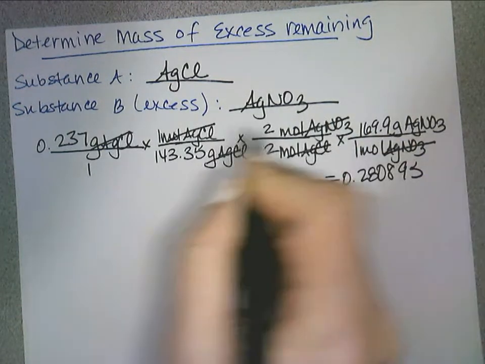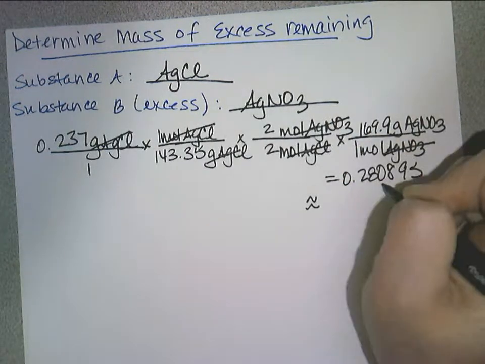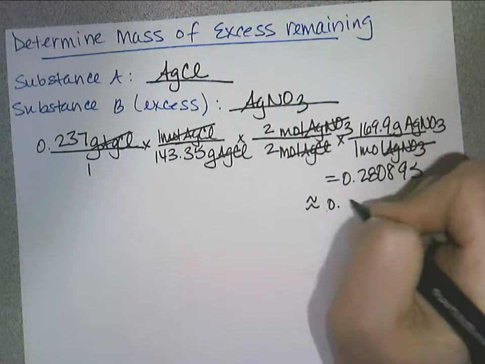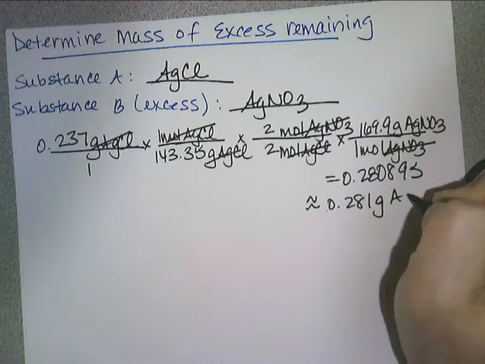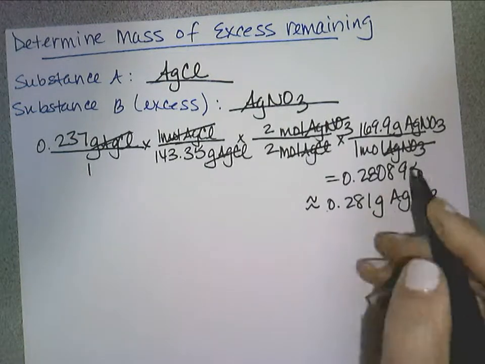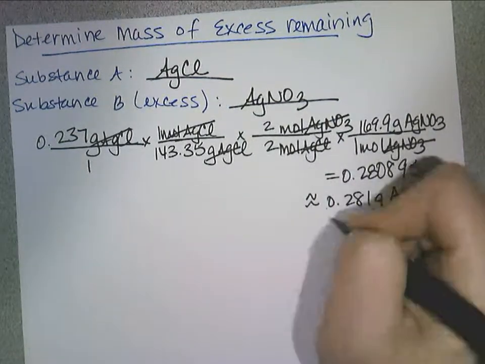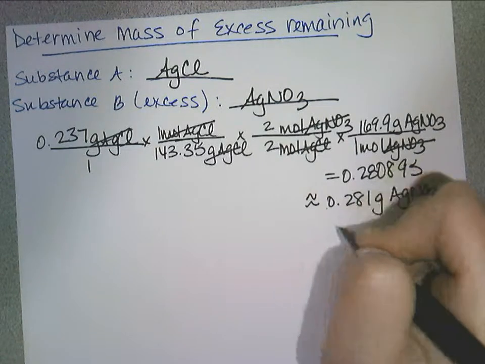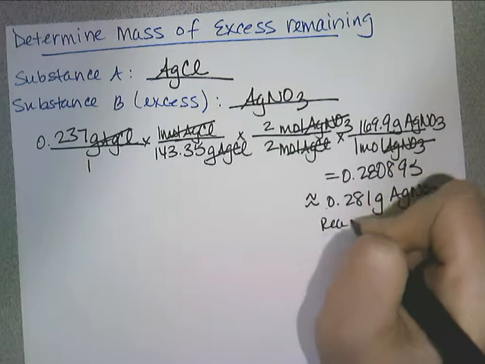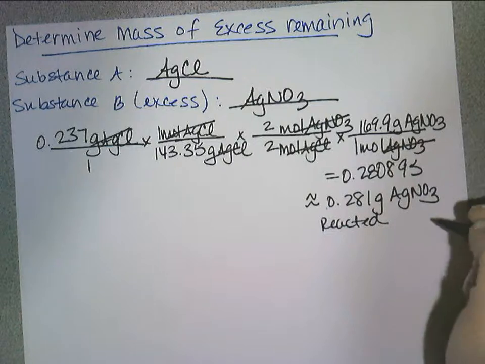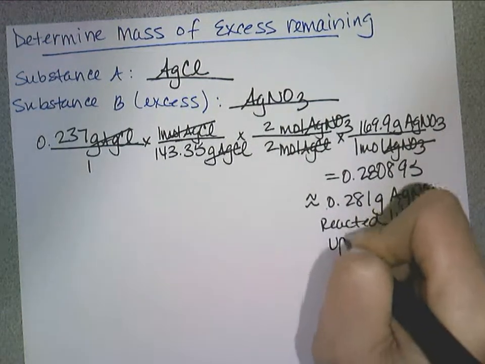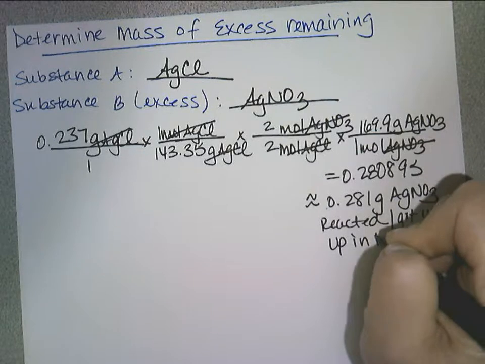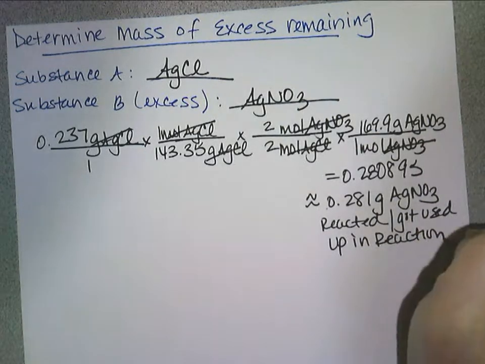Reported to 3 sig figs, it's 0.281 grams of AgNO3. So that's how much got used up or reacted in the reaction.